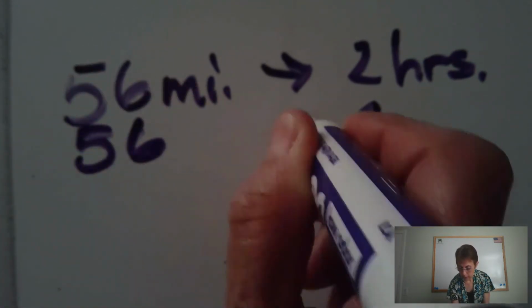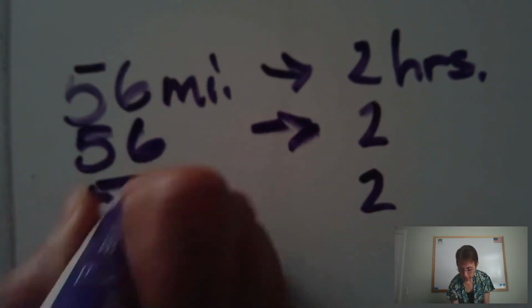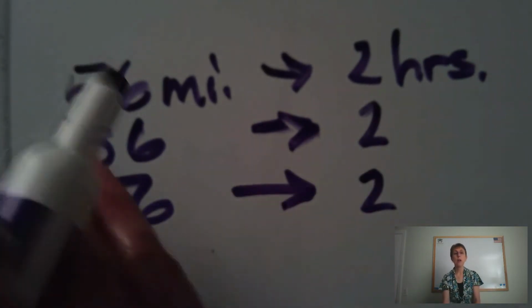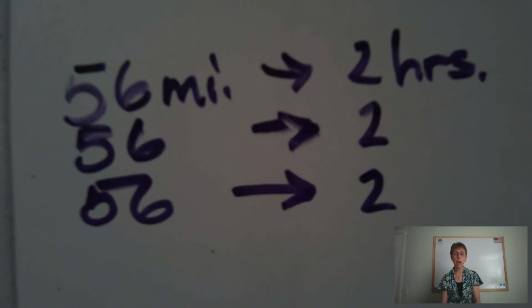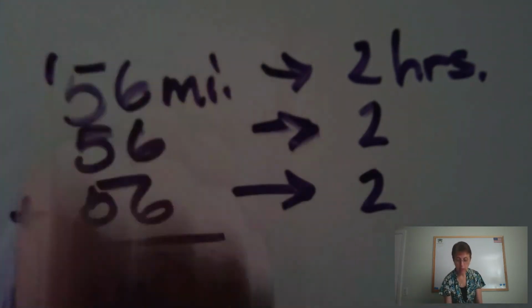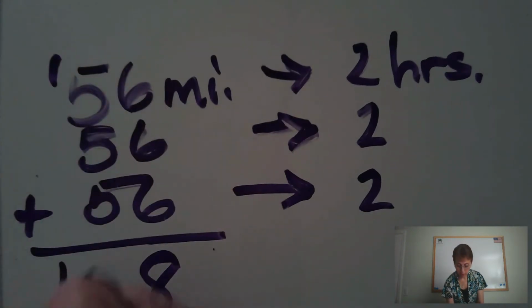So it's 56 miles in 2 hours. It's going to be 56 miles in the next 2 hours, and then 56 miles in the next 2 hours. So you have 56 3 times. You can just add that up. 3 6s is 18, 3 5s is 15, and 1 is 16.